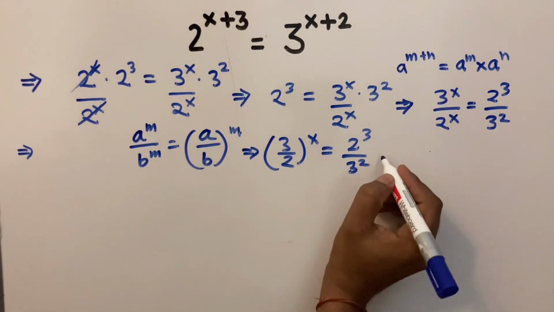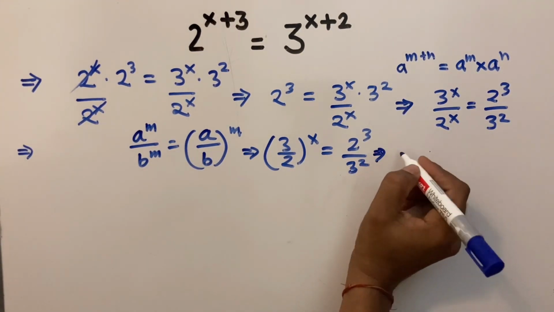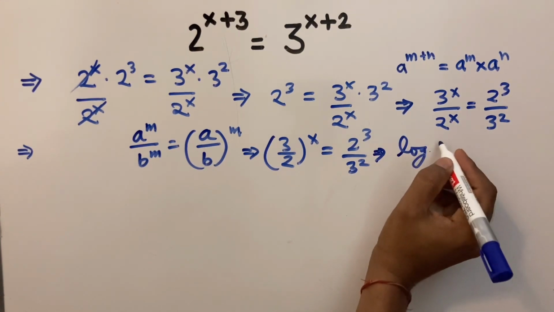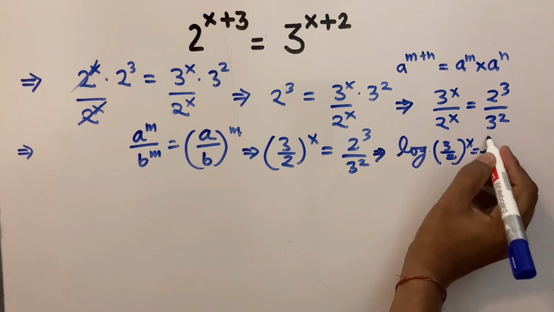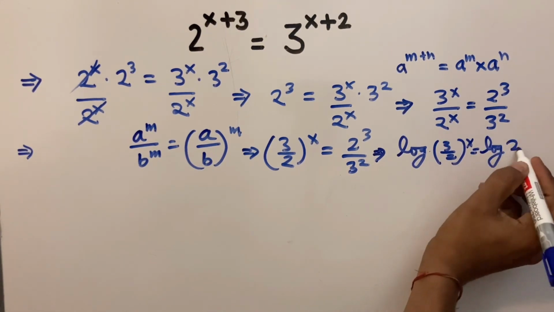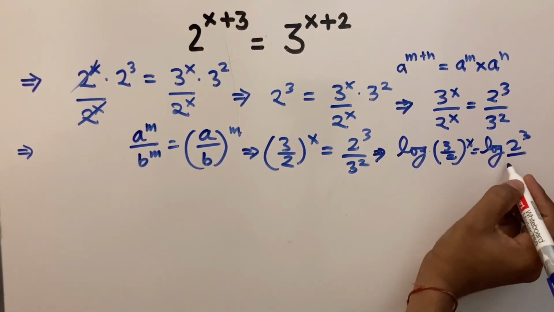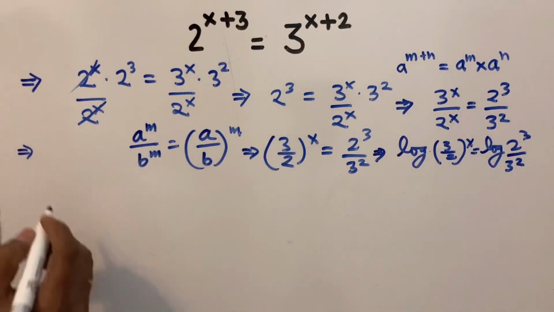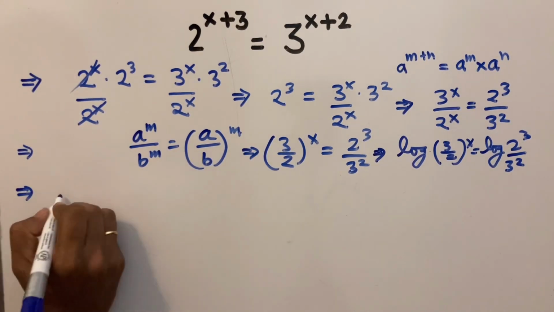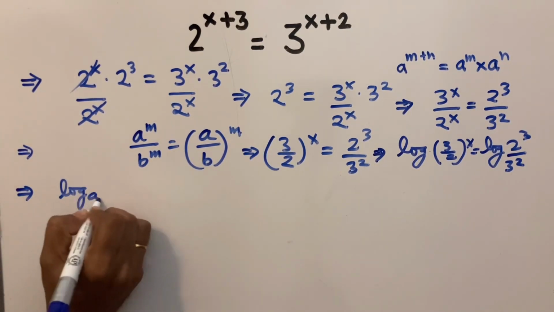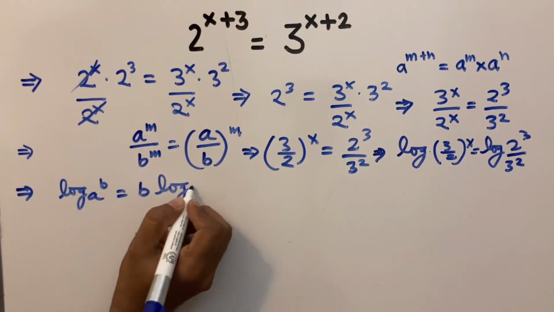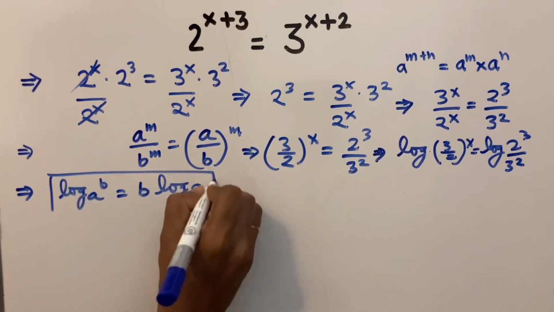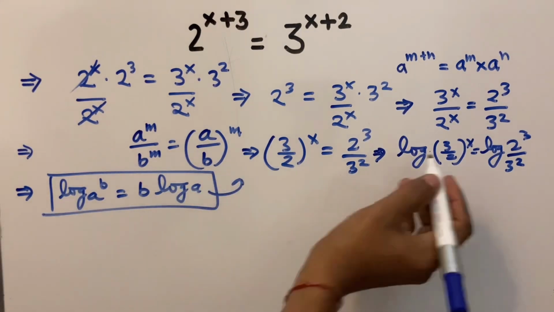Now take log on both sides. So log of (3 by 2) to the power x equals log of 2 to the power 3 divided by 3 to the power 2. As we know that log a to the power b equals b log a, use this rule here.